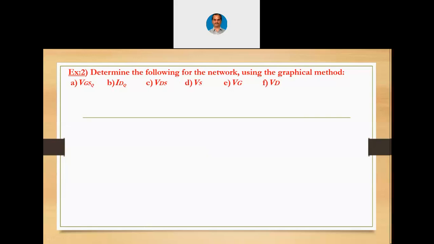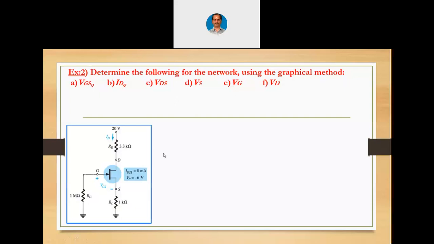So let us solve this using the graphical method. Even in the exam or in the test, you will not get a mathematical method question for the self bias and for the voltage divider bias. For the fixed bias, you may get a mathematical method as well as graphical method because there it is quite easy. We will be using only the graphical method.